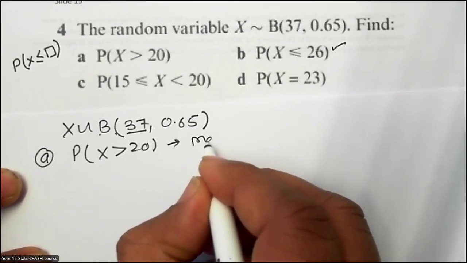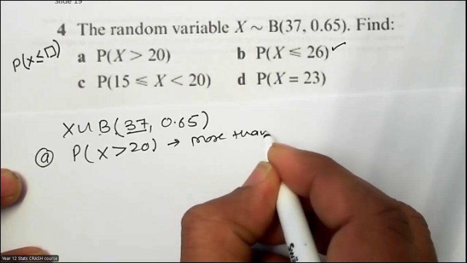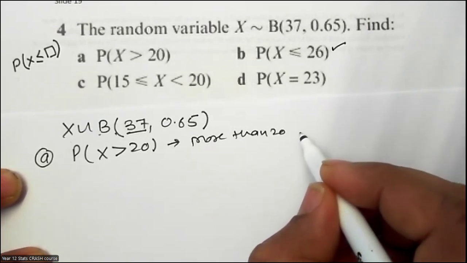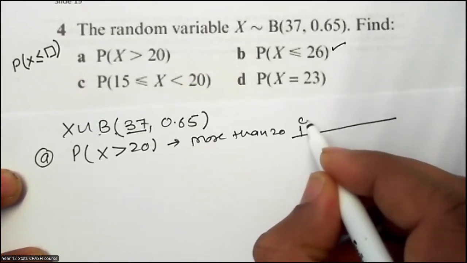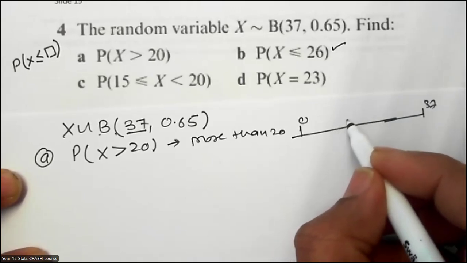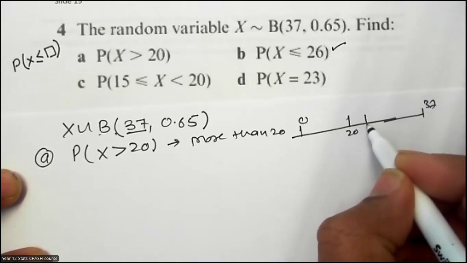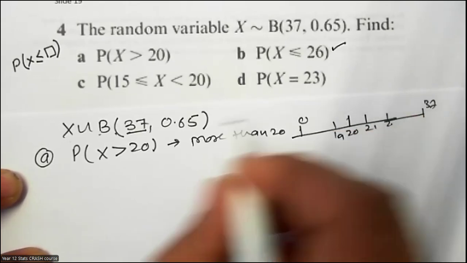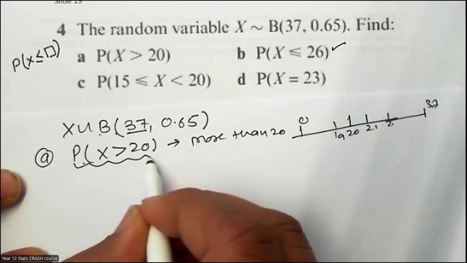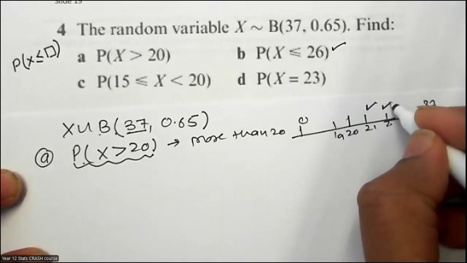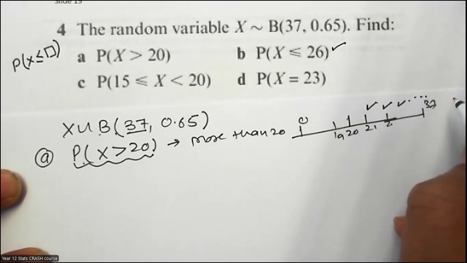I can have success 0 times, or I can have success all 37 times, if I'm lucky. Then 20 is here, 21, 22, and so on. In this question I want success to happen more than 20 times. That means I want 21, 22, 23, all up to 37.